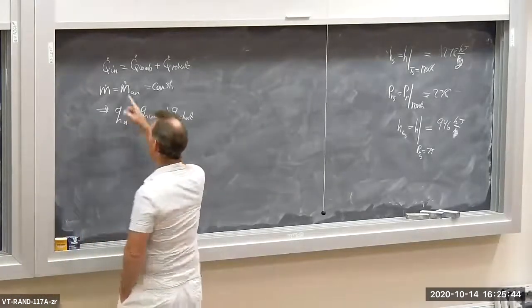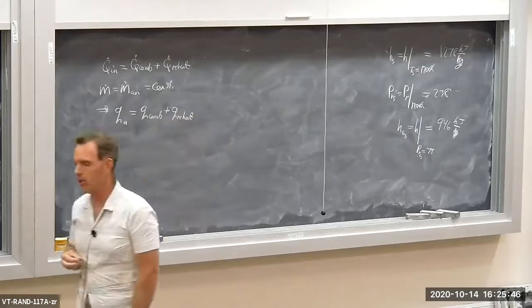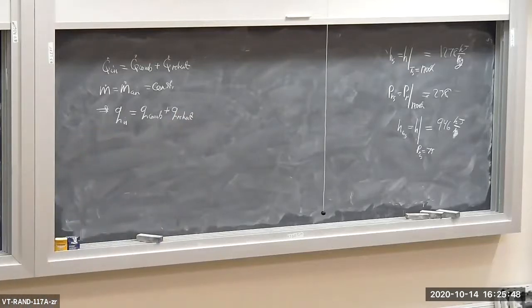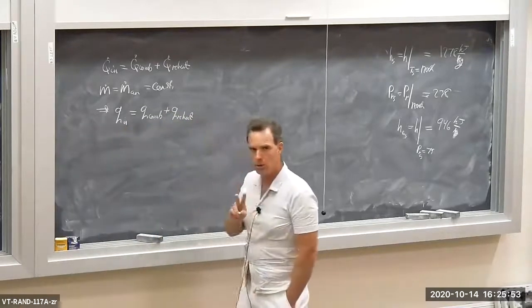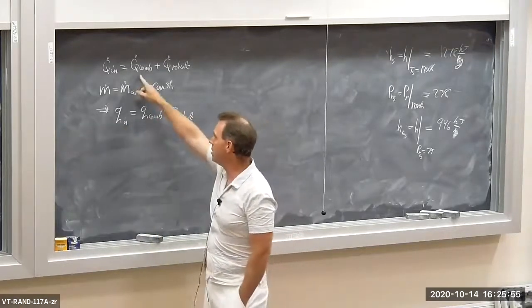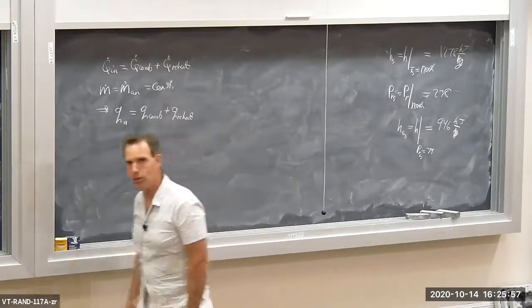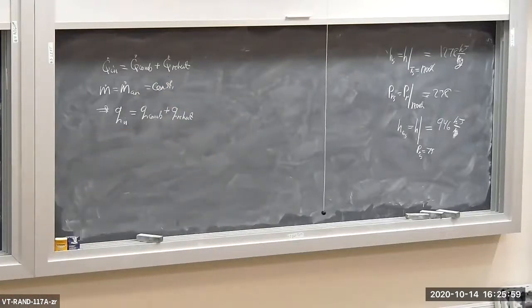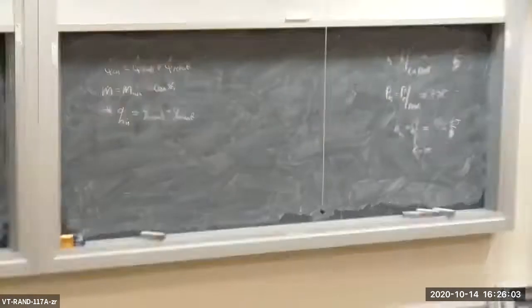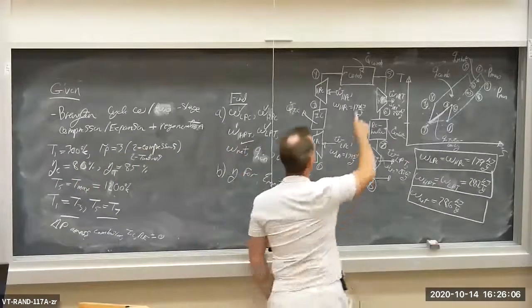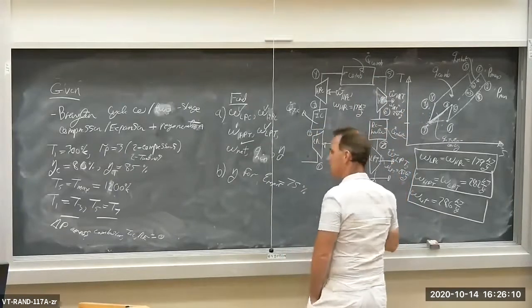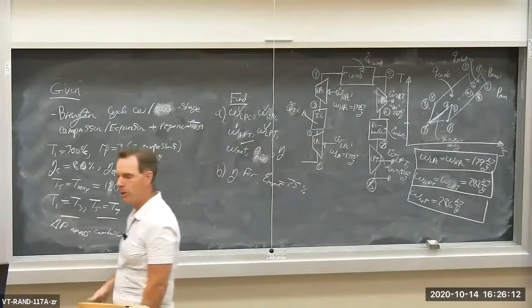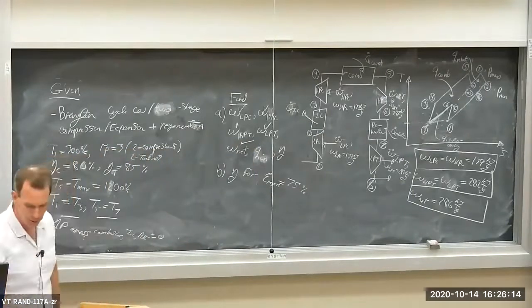Well, first of all, Q dot in, the rate of heat addition to our Brayton cycle, is composed of two sources: the heat added in the combustor and the heat added in the reheater. Heat is being added to the system in two locations. So we have Q dot combustor and Q dot reheat, both of which are used to increase the temperature of the working fluid, okay?